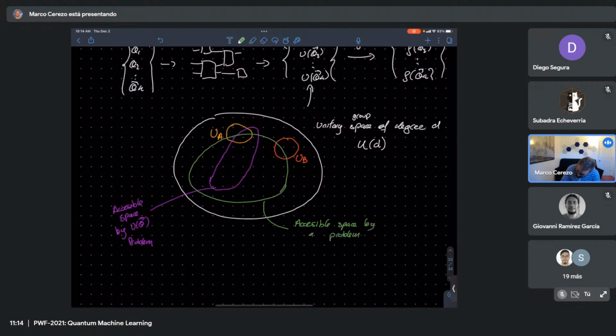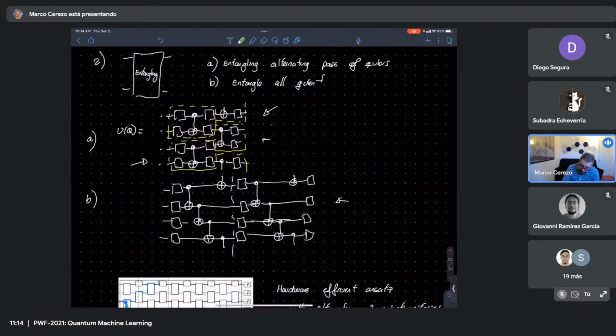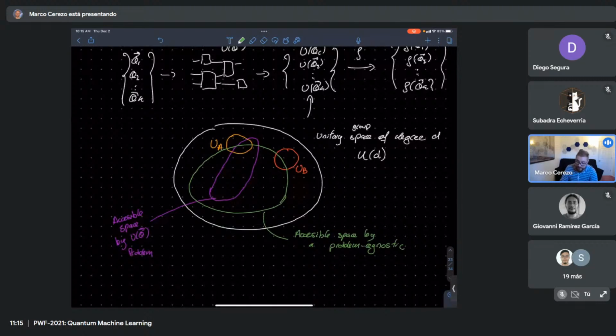Thus far, you might be starting to think problem-agnostic ansatzes don't look that bad, because I can use them for multiple problems. Like this ansatz that you're going to see right here, people use it for absolutely everything: quantum chemistry, optimization problems, quantum machine learning. It's so agnostic that it can essentially be used for any problem. And thus far, it sounds great.